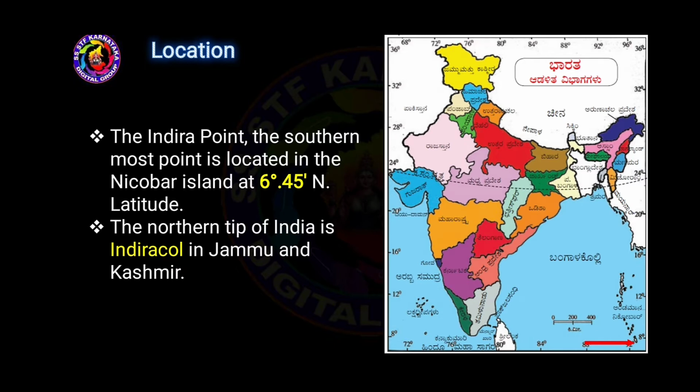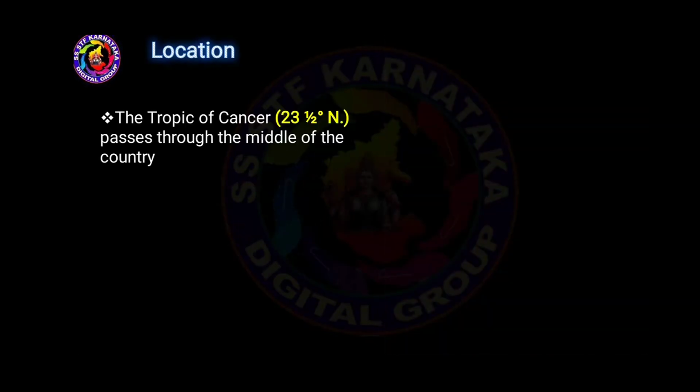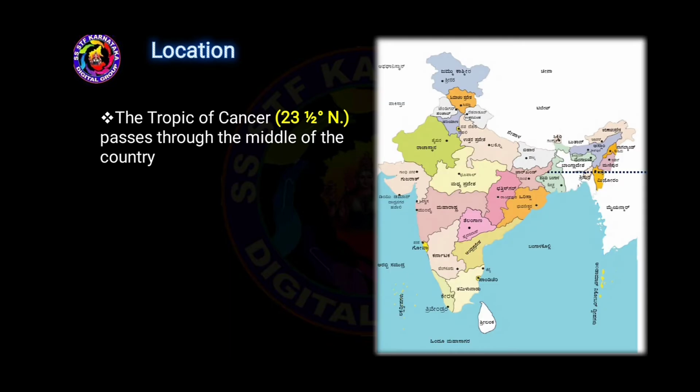And which is the northern tip of India? Indira Col, situated in Jammu and Kashmir, is the northernmost tip of India. The Tropic of Cancer, that is 23.5 degree north latitude, passes through the middle of the country.